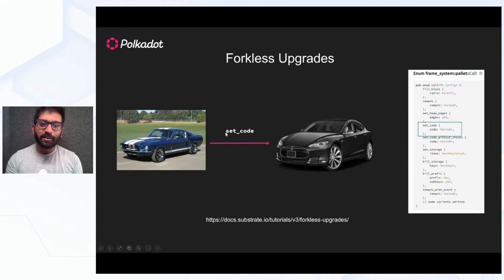There is actually a set code functionality there where you can set the runtime logic, the actual state transition logic of the blockchain itself, through just a transaction. And so you can change a blockchain that looks like this into this one on the fly. And there is even a demo, so if you're interested, check that out.